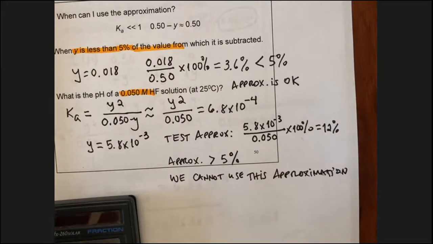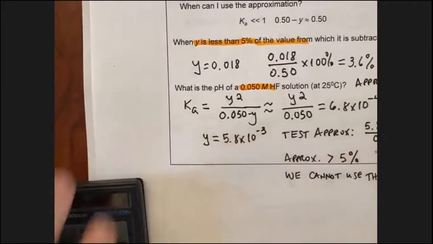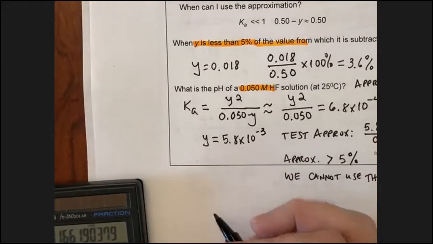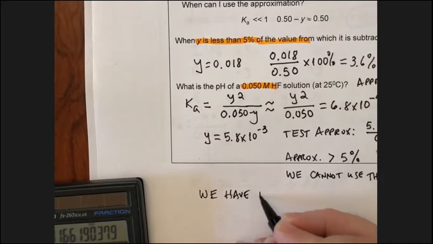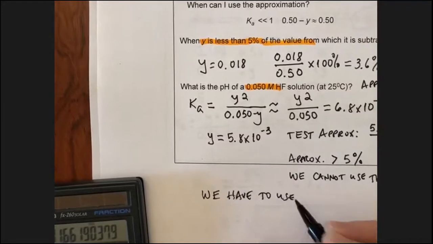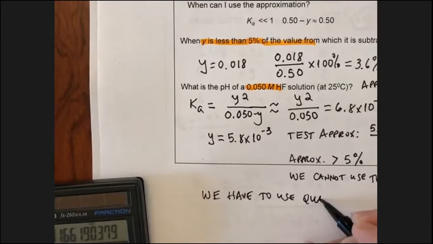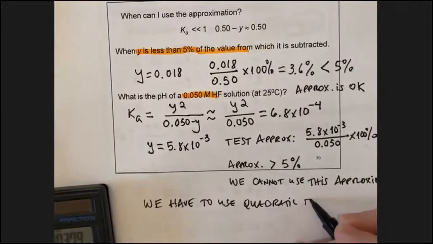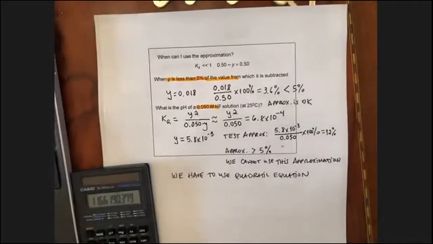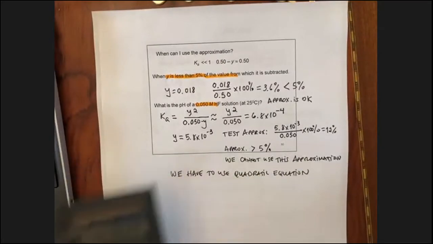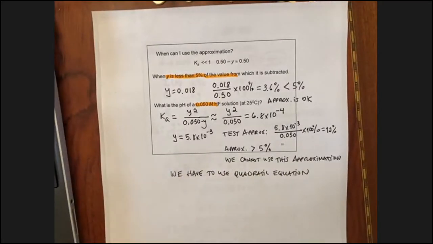So you say, well, what do we do then? Well, we have to use the quadratic equation to solve the problem. Let me narrow this a little bit. So we're going to have to use the quadratic equation to solve this kind of a problem.